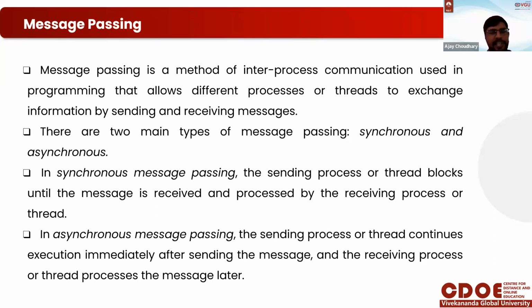So message passing is a method of inter-process communication used in programming that allows different processes or threads to exchange information by sending and receiving messages. So if they use inter-process communication to complete their programming, that is also called IPC, the short form of inter-process communication.